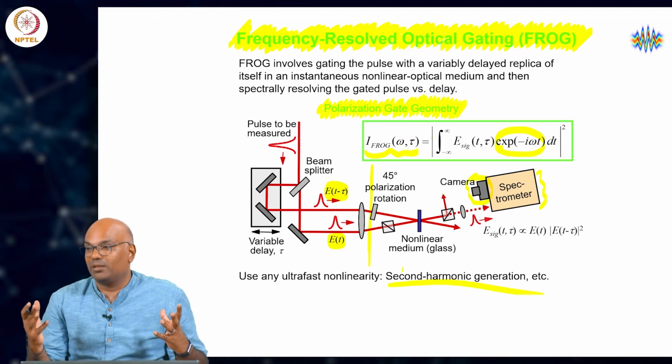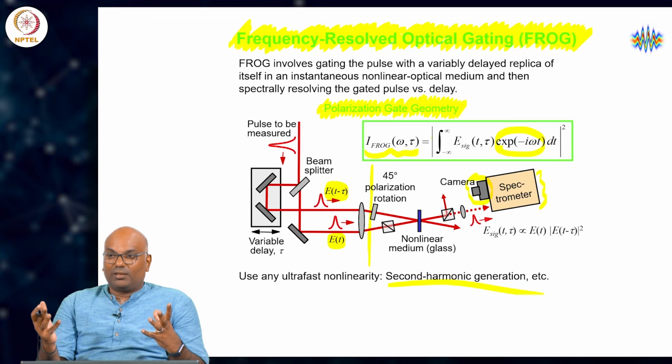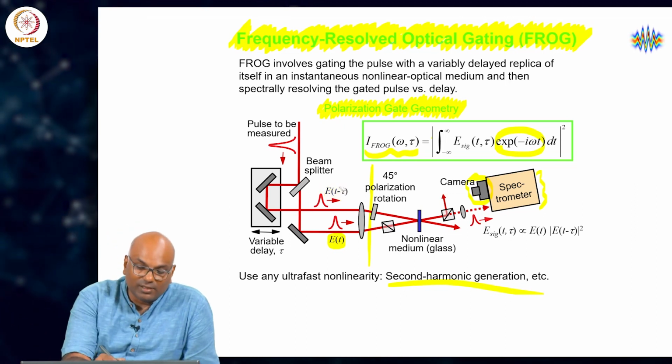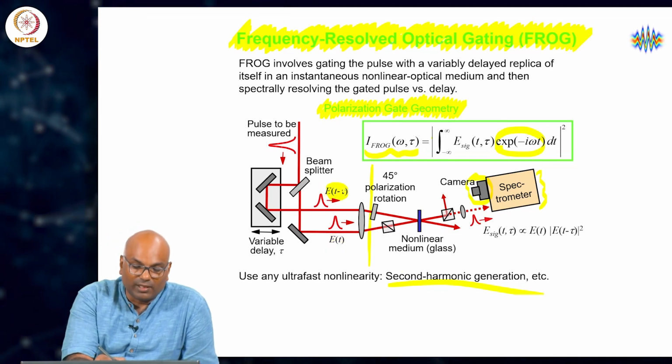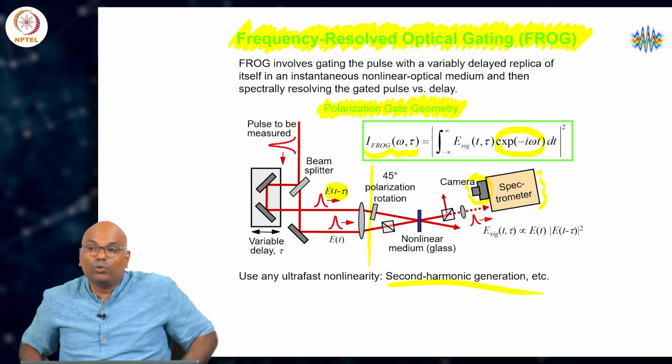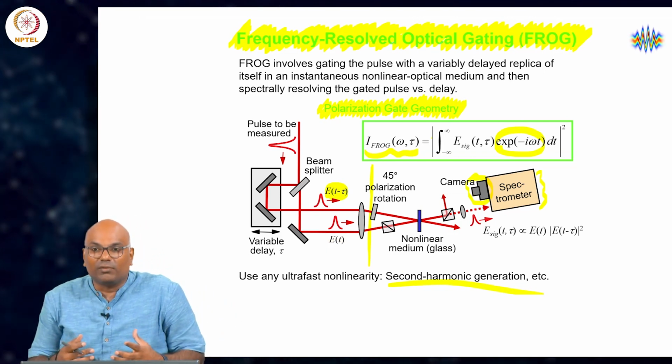Where is the gate? The gate is a copy of the pulse itself. We did not want too short a gate, and we have the copy of the pulse itself.